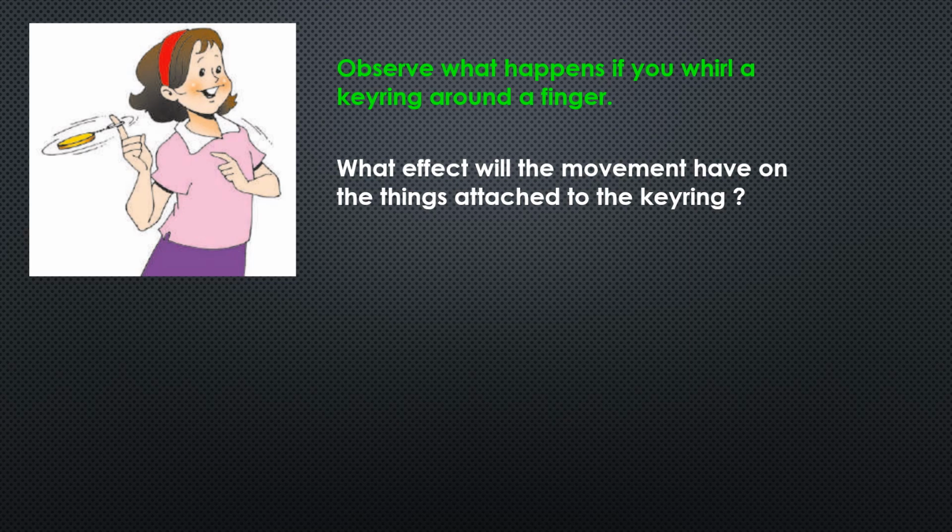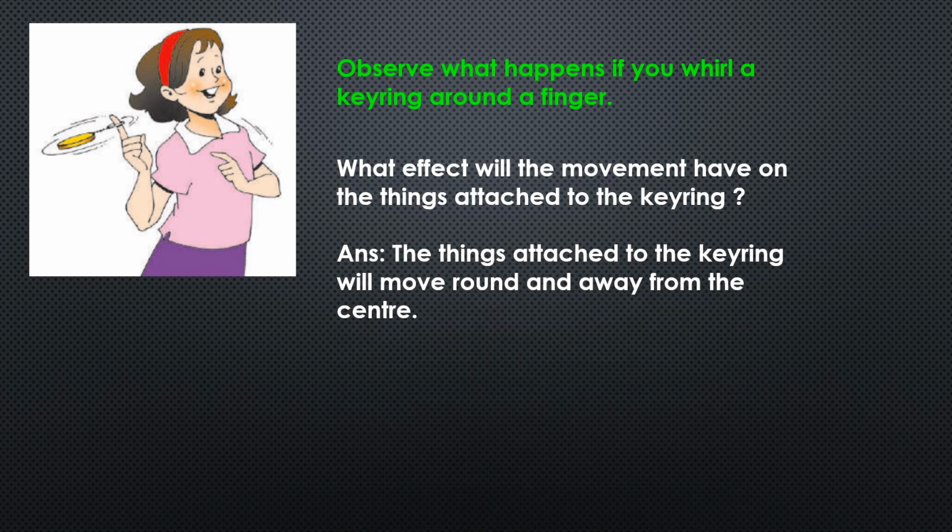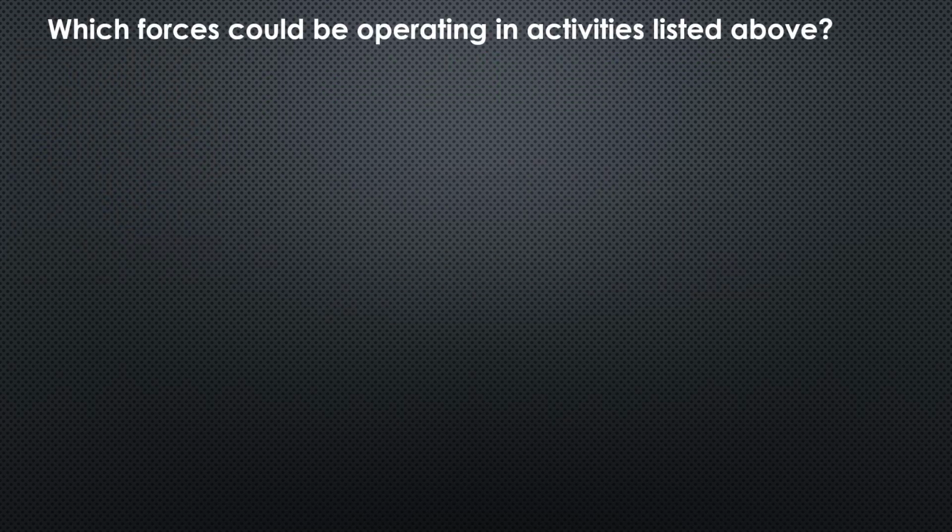Suppose we whirl a key ring around a finger. What effect will the movement have on the things attached to the key ring? The things attached to the key ring will move around and away from the center. Now, which forces could be operating in the above discussed activities?